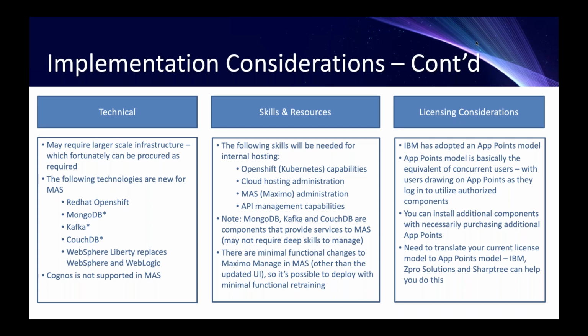There's a fairly large hump to get over as far as that road from existing Maximo to MAS 8, but once you're there, it significantly simplifies the management, both from a technical standpoint and also, again, the licensing model makes it easier.